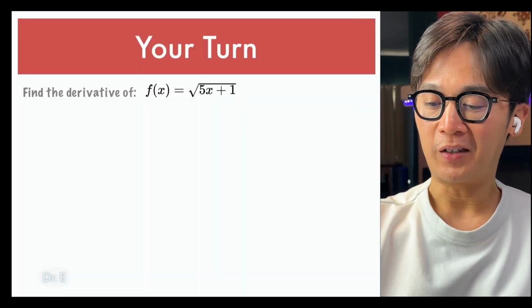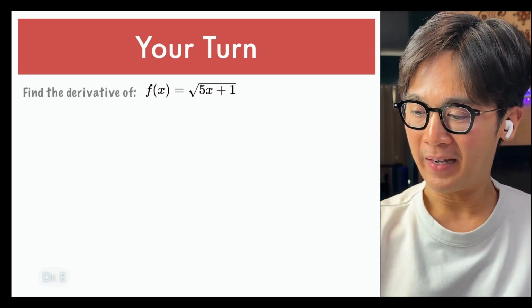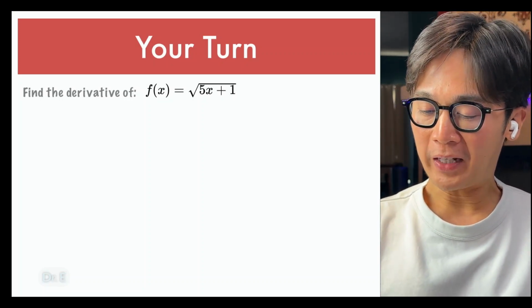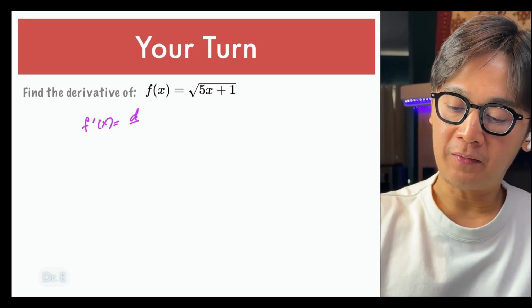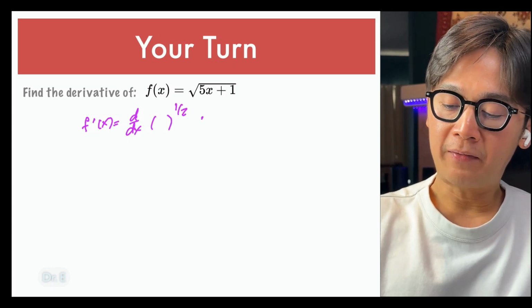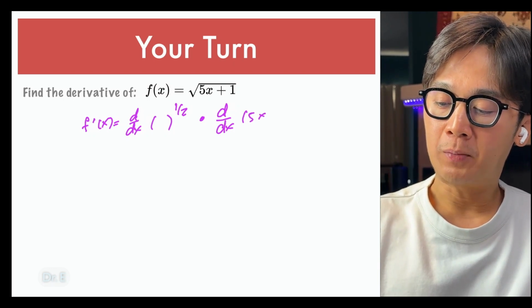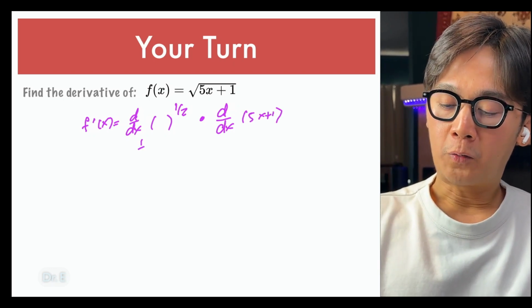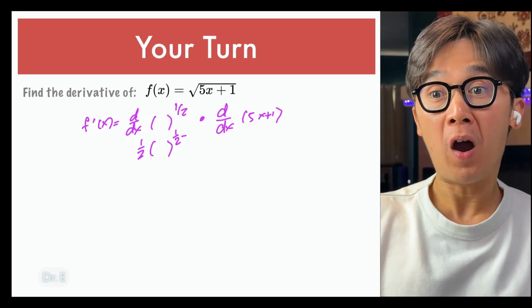So now that we have f prime of x, which is the derivative of parentheses raised to 1/2 times the derivative of 5x plus 1, we have 1/2 times the parentheses raised to 1/2 minus 1.